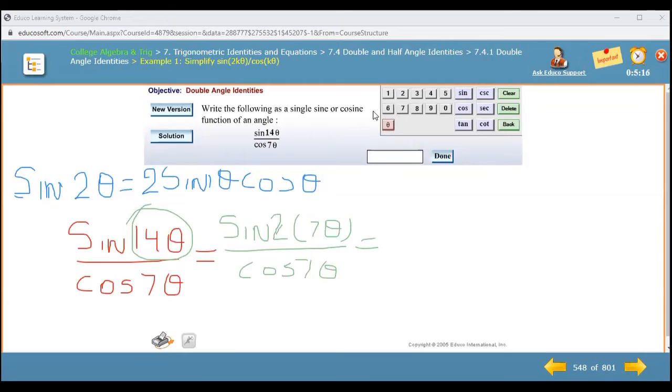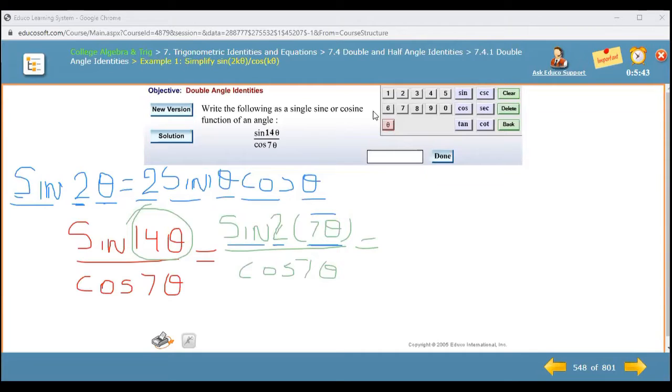Now you can just consider this 7 theta as A, B, or C, whatever. So it is actually sine 2 theta or sine 2A. Let me write this value as equal to, according to this, sine 2 times angle. Sine 2 times angle is what? 2 sine angle cosine angle.